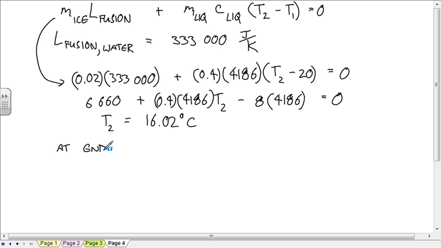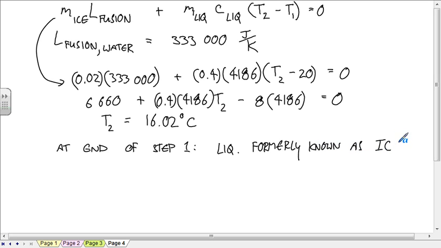So at the end of step 1, the liquid formerly known as ice is all at 0 degrees Celsius.